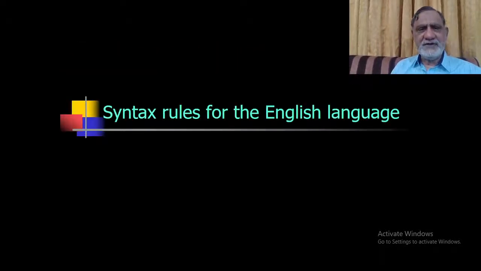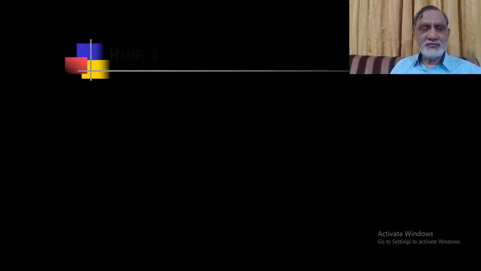Very simple. Now we come to the next part of this video, and that is syntax rules of the English language. Here we are going to mention a few main rules, not all rules. It's not possible in this short time. So, some main rules.